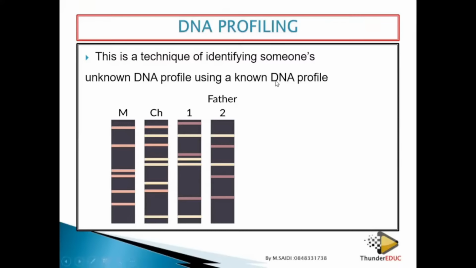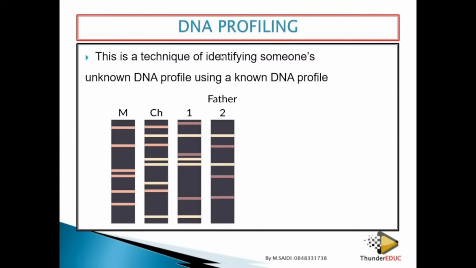So this known DNA profile, I compare it with these two people whose DNA profiles I don't know. I go and test their DNA. If I find that one of them corresponds with my DNA profile, then it means that that is my father. If no one corresponds to my DNA profile, then it means that nobody there is the father.